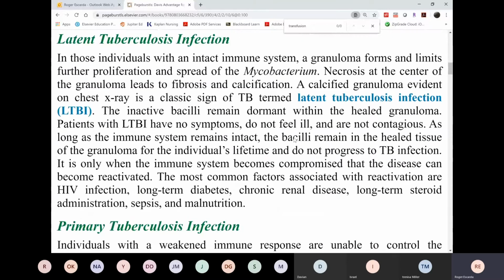So let's start with latent TB. I'll use myself as an example. Upon migrating here around 2004, I didn't have TB. I came from a country that has endemic TB and never got it there.